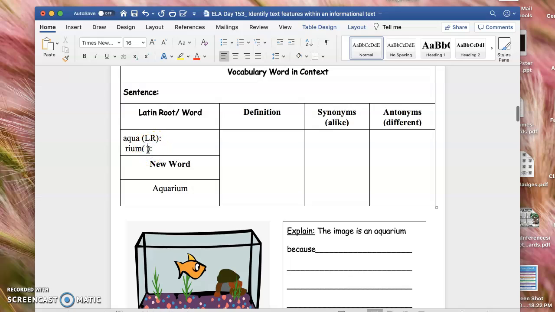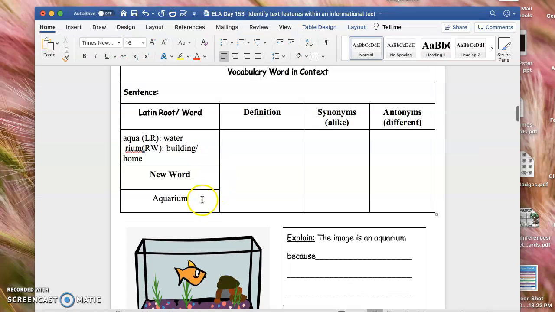And rheum, I know that sounds funny, is the root word. Aqua means water. Rheum means building, right? Building or home. Okay, so when we put aqua and rheum together, it creates the word aquarium, right? What is an aquarium?